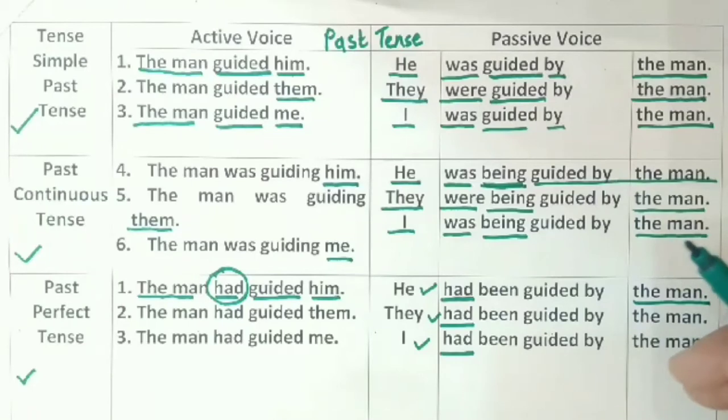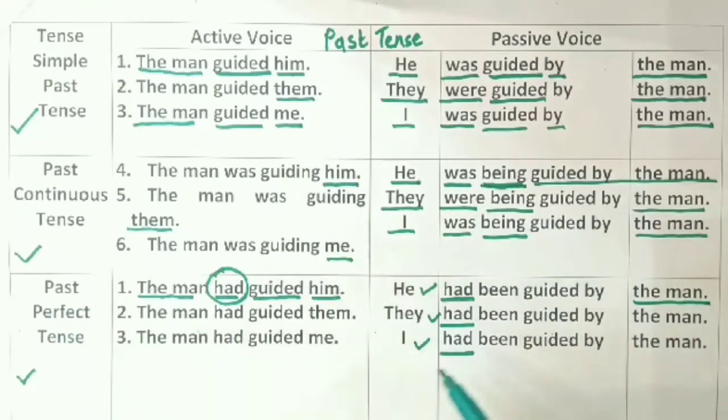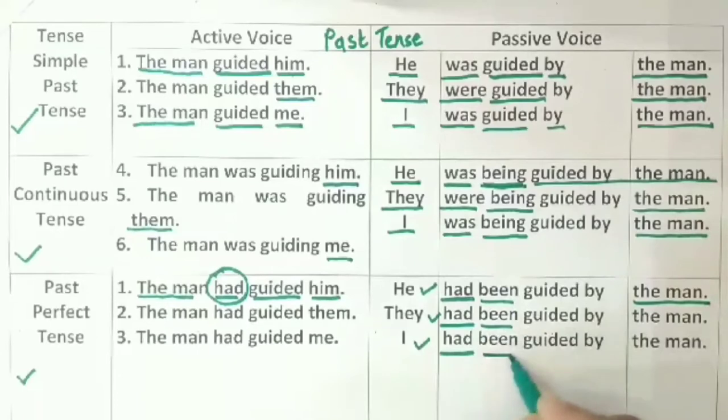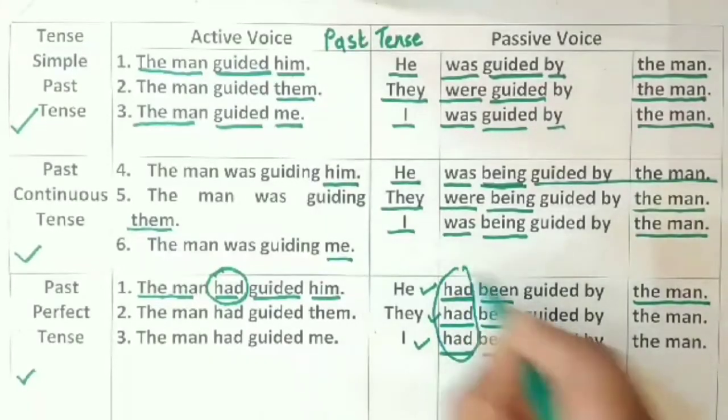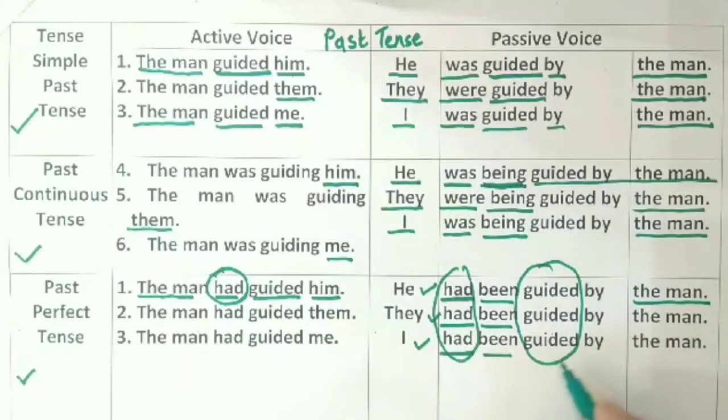But when we transform sentences from past perfect tense, we have to use the word been between the helping verb and the past participle form of the verb guided.